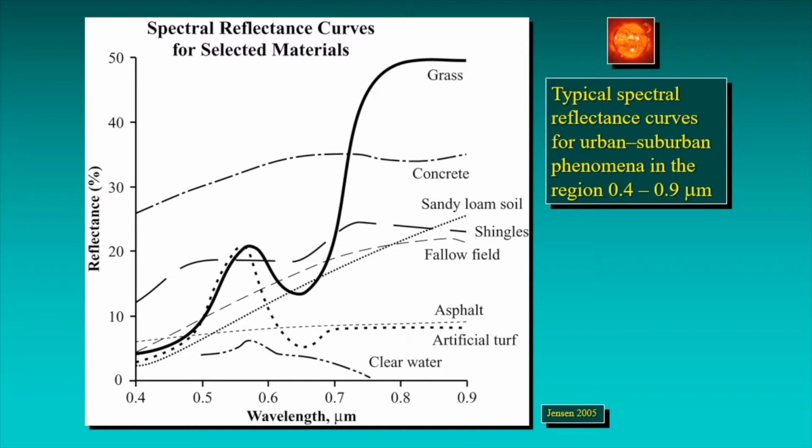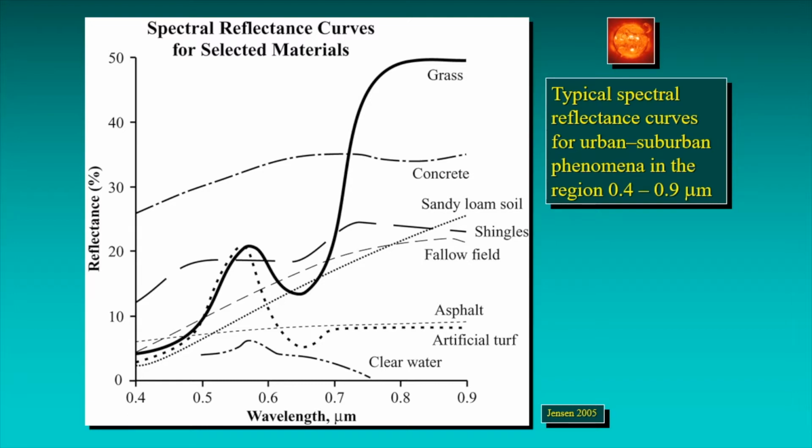One thing I'll point out is that we have very similar values over the visible portion of the spectrum, or at least a good portion of it, for natural grass as well as artificial turf. It's really once we get into the longer wavelengths, especially the near infrared portion of the spectrum beyond 0.7 micrometers, that you see a massive divergence between artificial turf and grass.